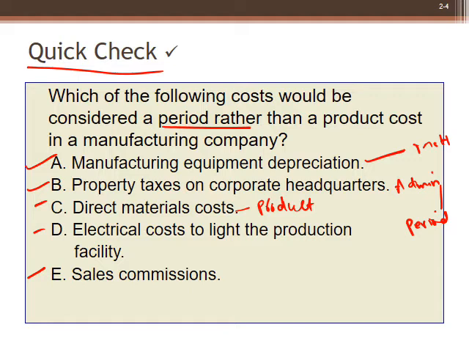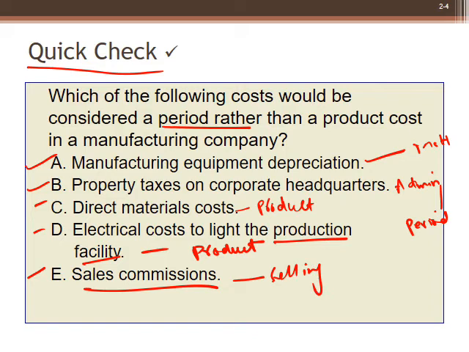Electrical cost to light the production facility also belongs to product cost. Sales commission belongs to selling cost, which belongs to period cost. So in our quick check, B and E are the correct answers.